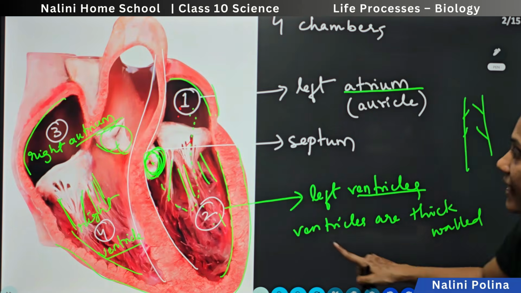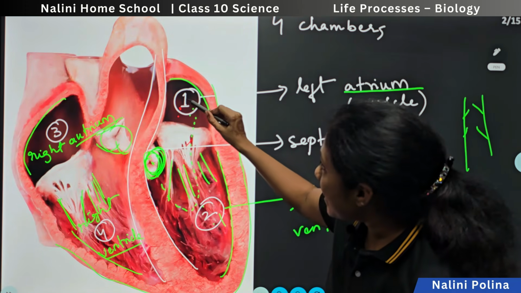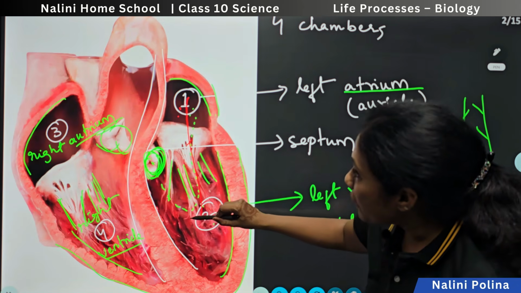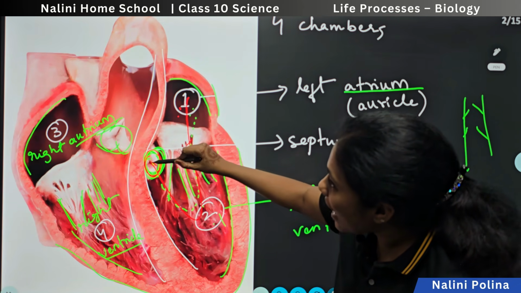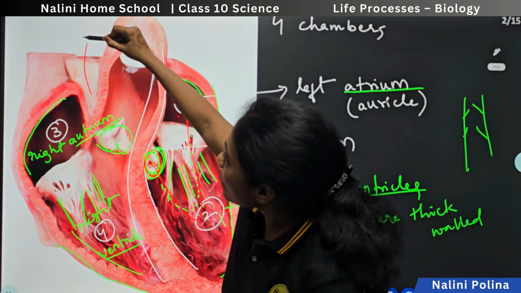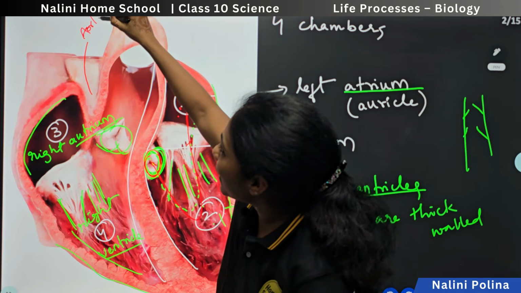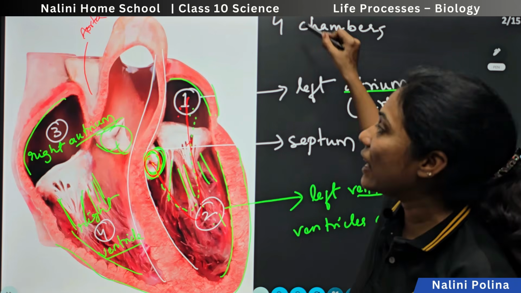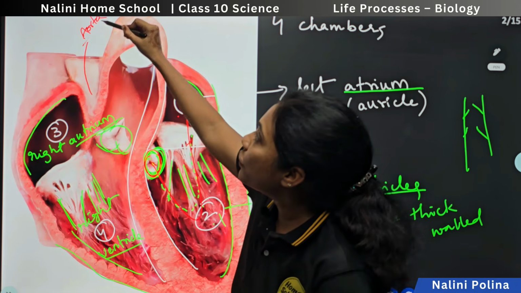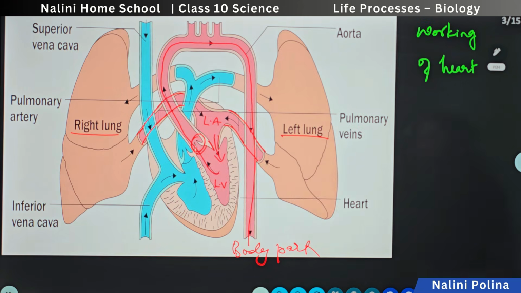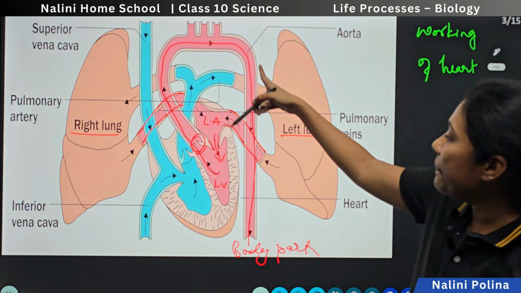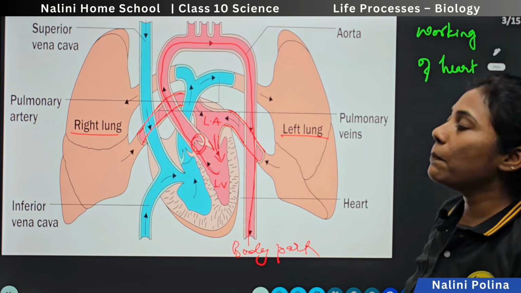So the blood has come from here to here. From here, do you remember there is a hole this way? This is a valve. Through here is the aorta pipe. So this is how the blood is moving outside of the heart, and through this longest pipe, the blood is moving to all body parts.